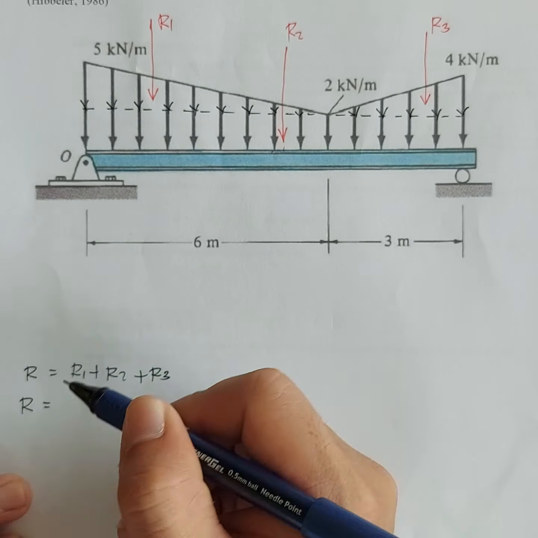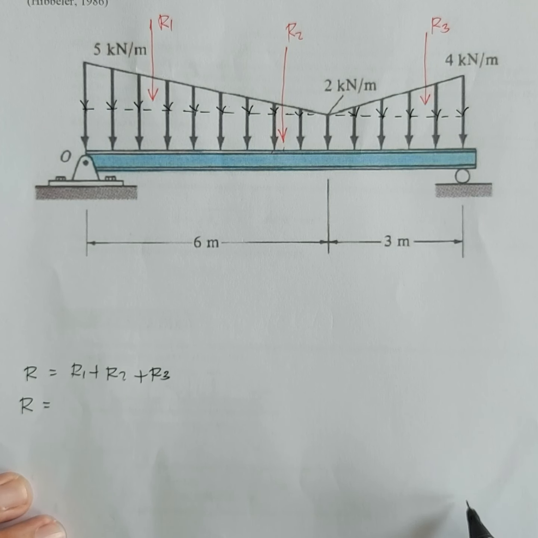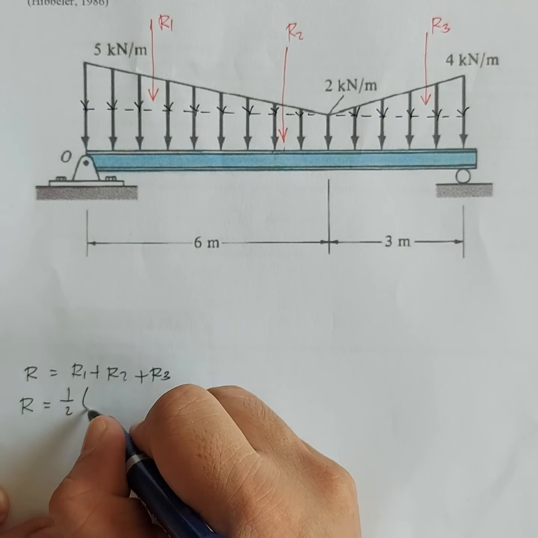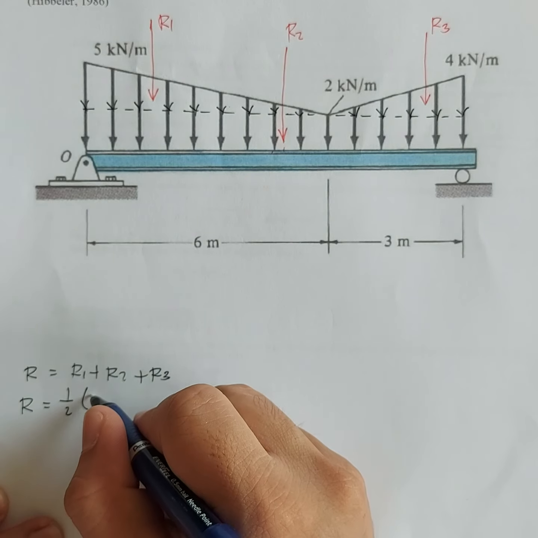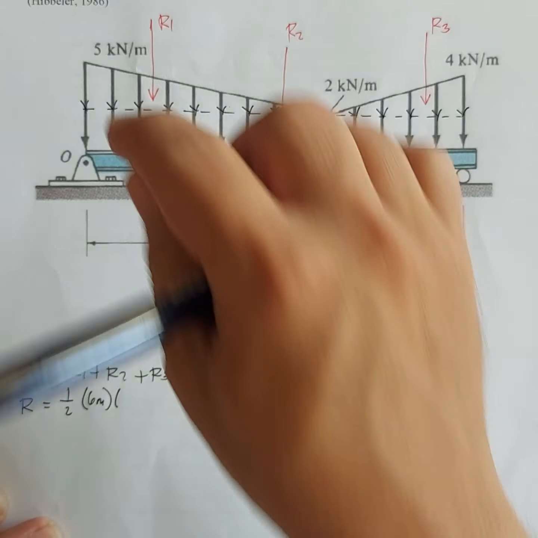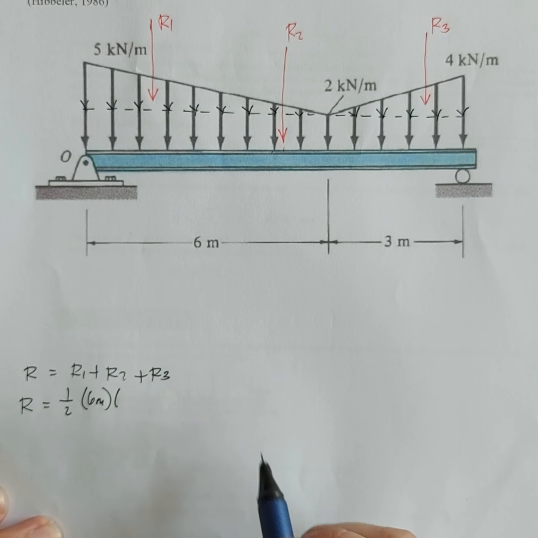What is our R1? The area of R1. So, 1/2 times 6 meters, which is our base, times the intensity. What is the intensity of this?